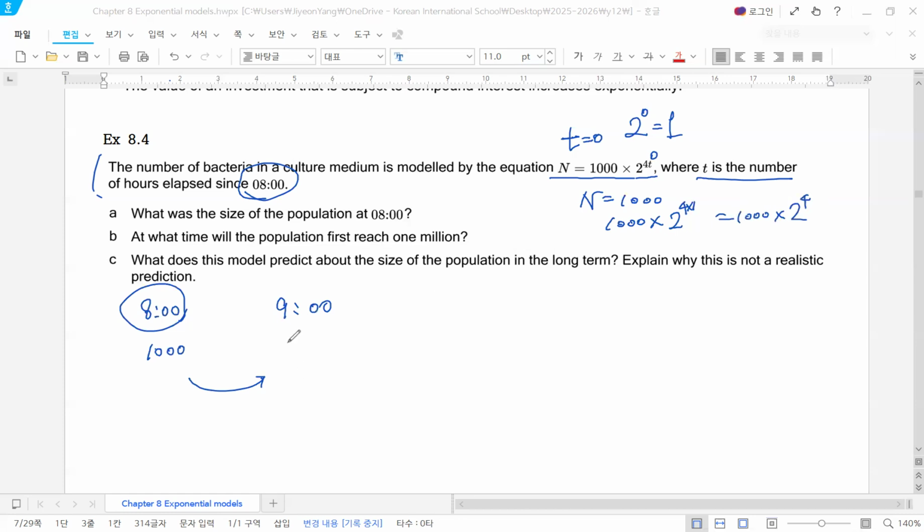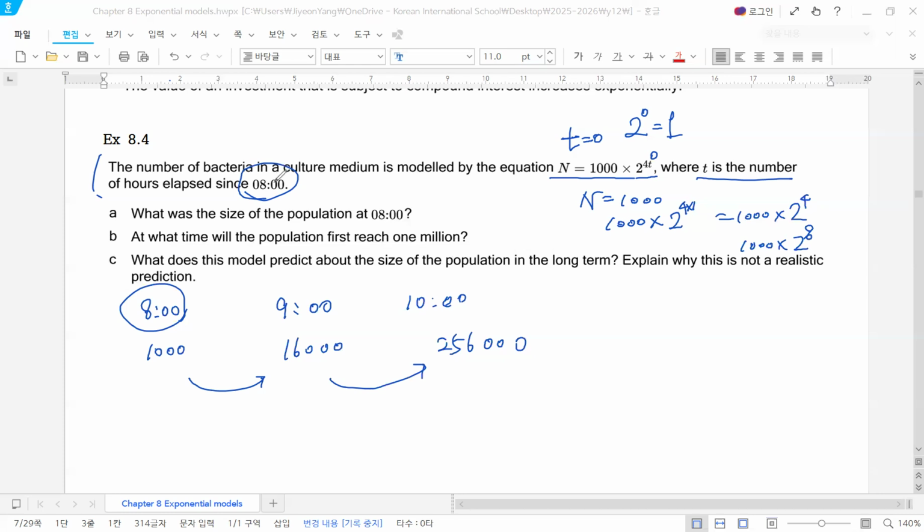What is it? 16,000. Do you understand? And then 2 hours later, 10 a.m., what is the number of bacteria? 1,000 times 2 to the power of 8, so 256,000. Do you understand?